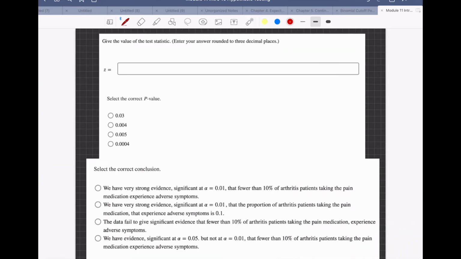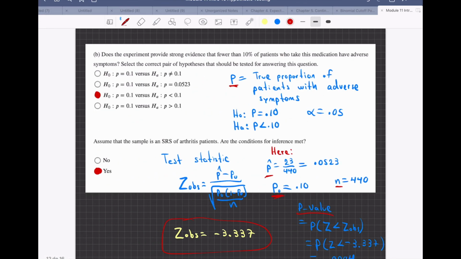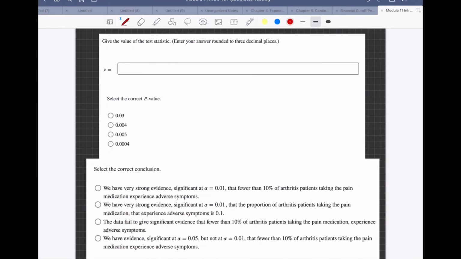The C is negative 3.337. Correct p-value 0.0004. And select the conclusion. Well, I'm going to leave this for you anyway. It's going to be, we have very strong evidence.